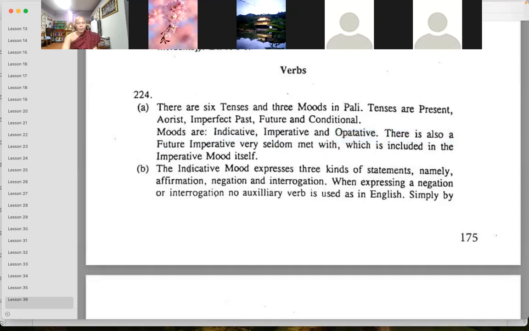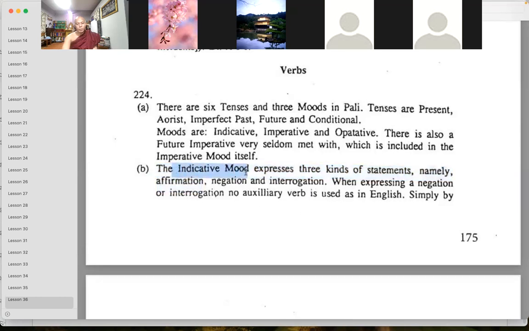Okay. And then, these tenses are already, that is one. Yeah. So the indicative mood expresses 3 kinds of statements. So statements are affirmation or affirmative, or negation or negative sense, and interrogations.